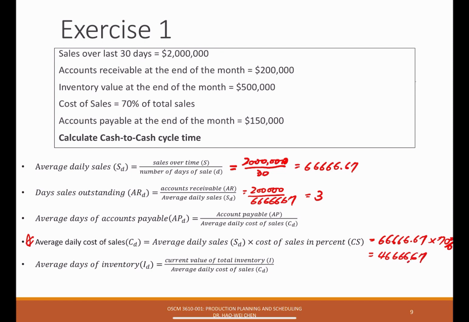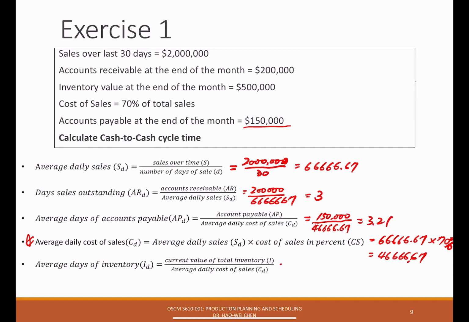And now we can go back to find the average days of accounts payable. The accounts payable is 150,000 divided by the daily cost of sale, 46666.67. So that will be roughly equal to 3.21 days.